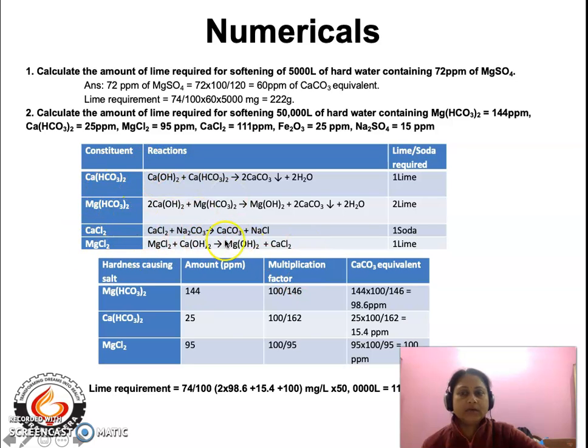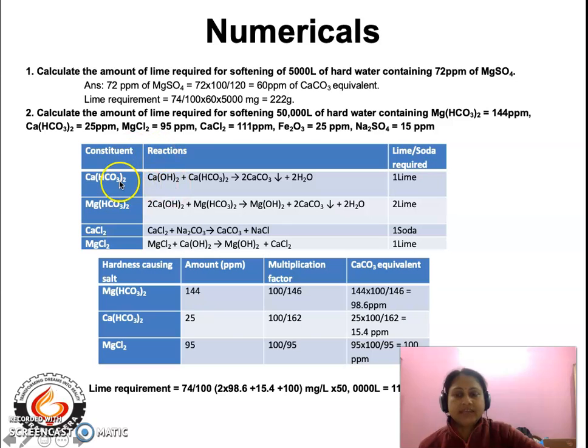But in our numerical, we are required to calculate only the amount of lime. So we are not going to consider the calcium chloride reaction while calculating the amount of lime, because in the case of calcium chloride we require 1 mole of soda. Now this soda is not required in this numerical.